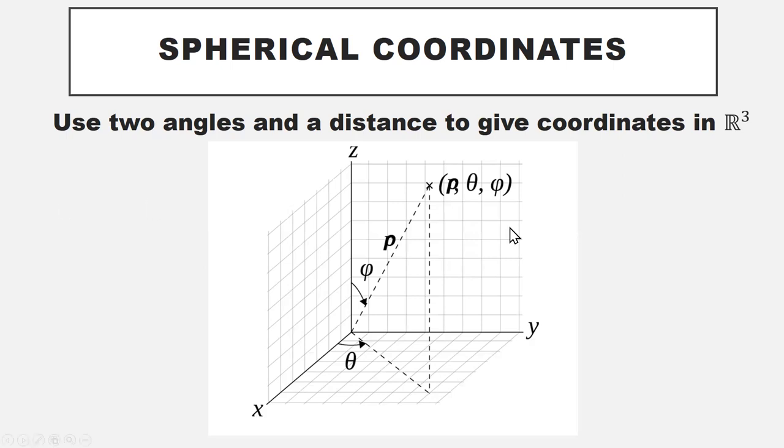When we go to integrate, you can integrate in any way, but the point is always rho, theta, phi. Just like the point in rectangular coordinates is always x, y, z, and in cylindrical coordinates, it's always r, theta, z. In spherical, it's always rho, theta, phi.